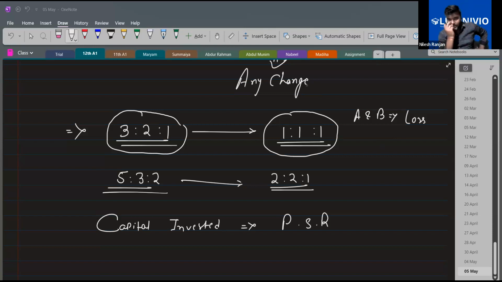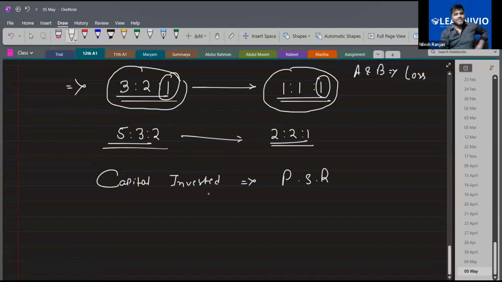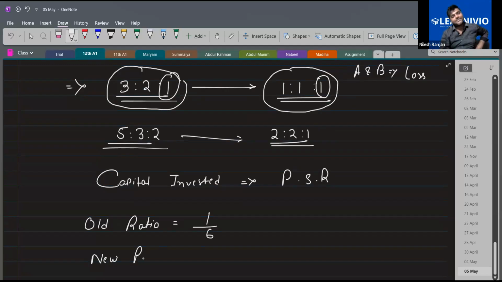Okay, so your answers are incorrect. You just see the ratio here. You thought that C is getting 1 and 1, so there is no benefit or loss to C. Now, the old share of C, if you write it separately, is 1 by 6, and the new share is 1 by 3.